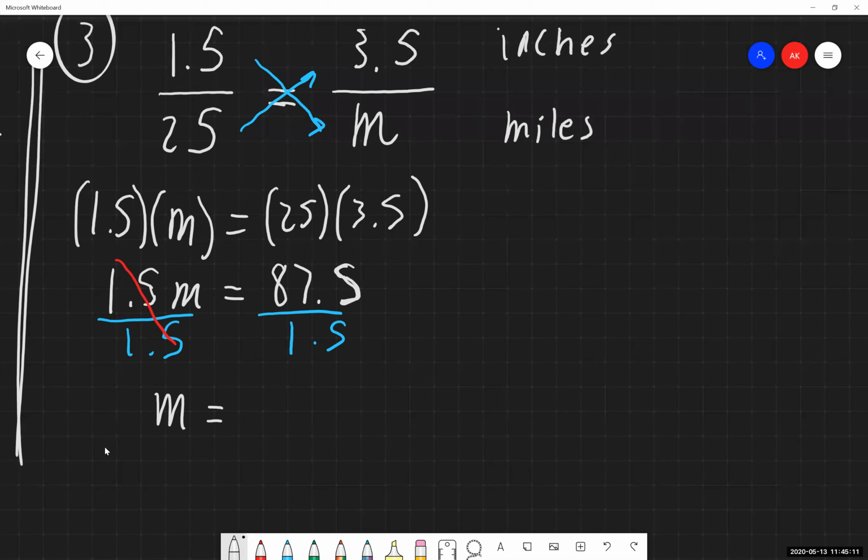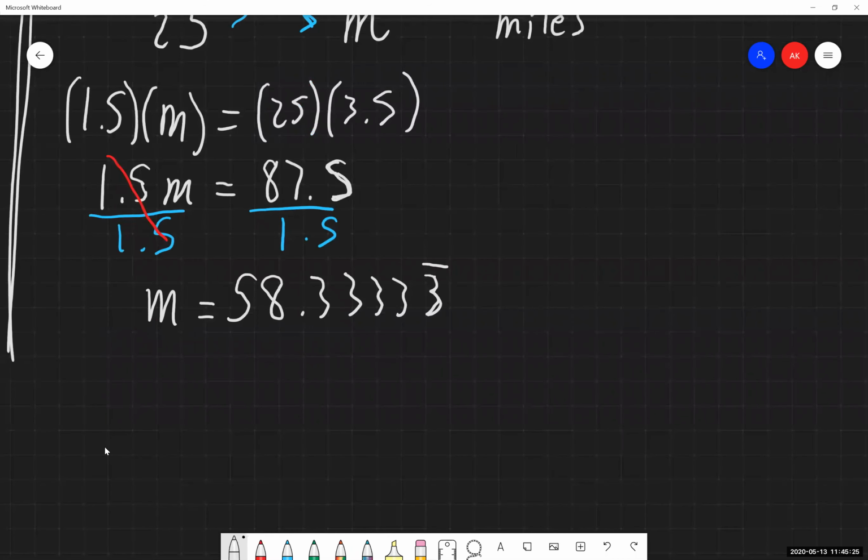Okay, so after we go through this process, we're getting 58.33333, and so on. It continues on like that forever. Now the problem itself tells us to round your answer to 2 decimal places. So when we round this, we are rounding to the 2nd decimal place. I look at the decimal place 1 to the right of that.